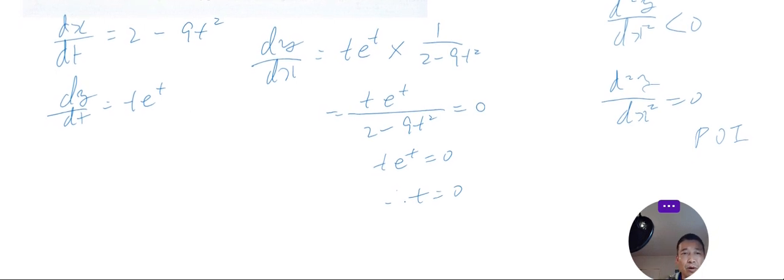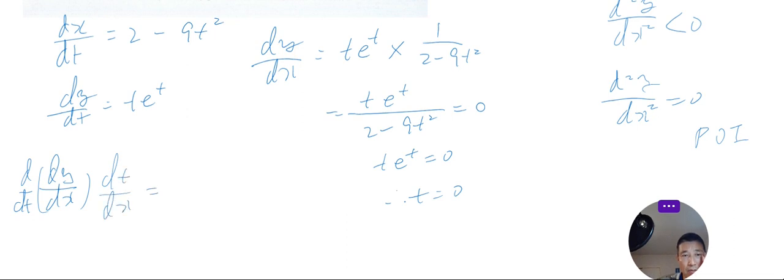differentiate this again. So oftentimes, you guys just do this, and then you think that's a second derivative, but it's not. To get d squared y over dx squared, you've got to multiply this by dt/dx, isn't it?